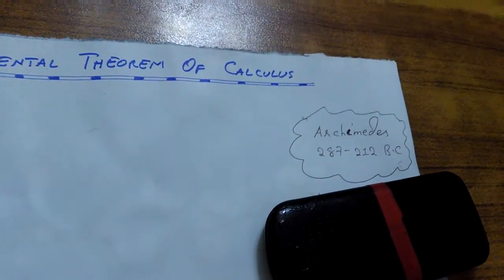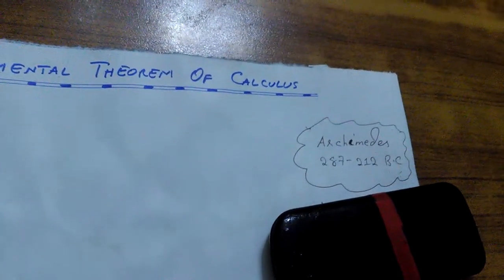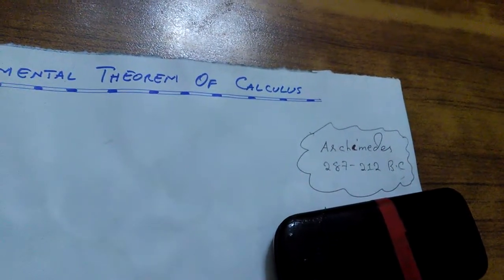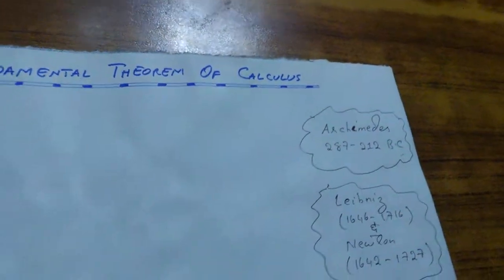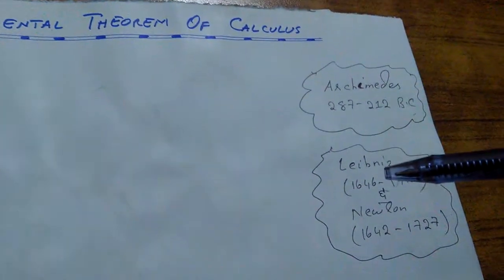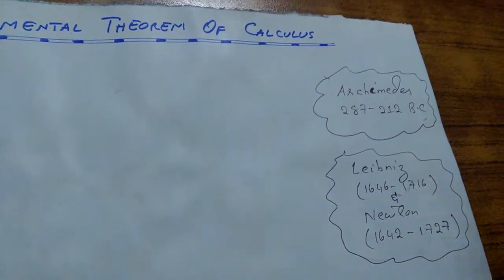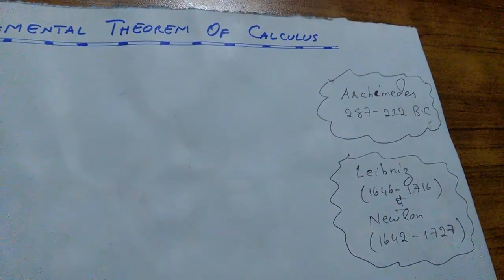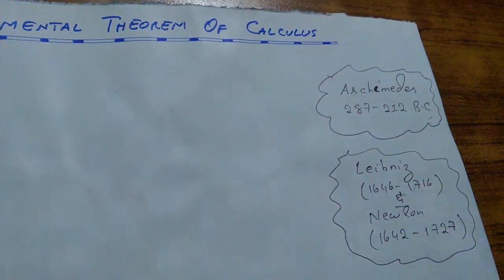But it wasn't that clear how it was presented by Sir Isaac Newton and Sir Leibniz, who were independently but simultaneously working in the field of calculus, and they presented the concept of derivatives quite exhaustively. These two men in the 17th century explained how to measure the area under curves by applying antiderivatives, or how to evaluate definite integrals.